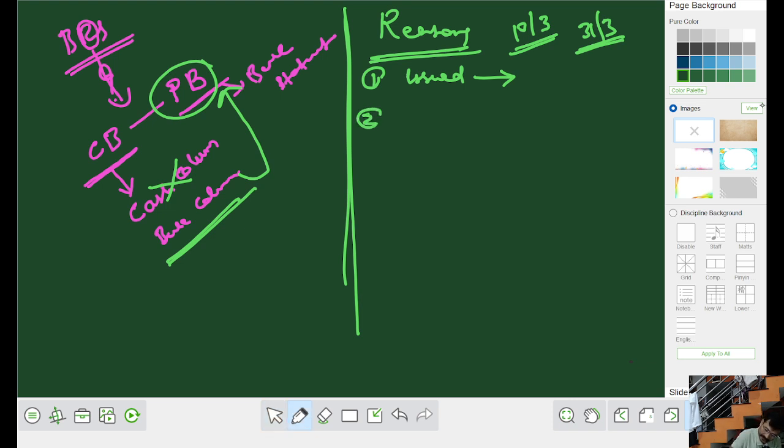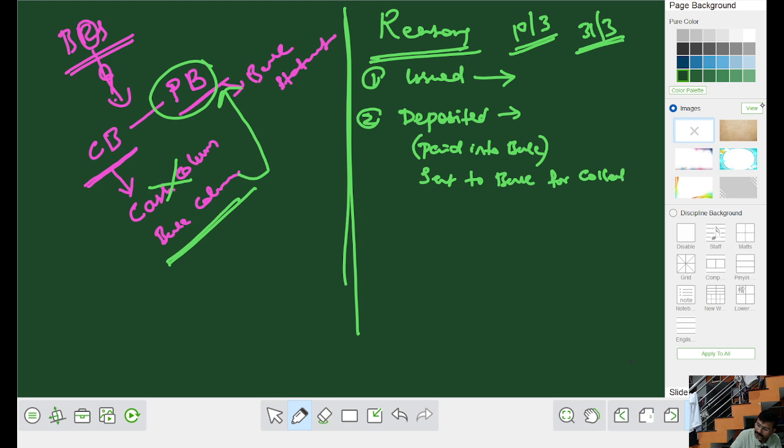Second one, checks deposited into bank. Checks sent to the bank for collection. Checks paid into bank. See the wordings: checks deposited, checks paid into bank, checks sent to bank for collection but not yet collected by the banker.